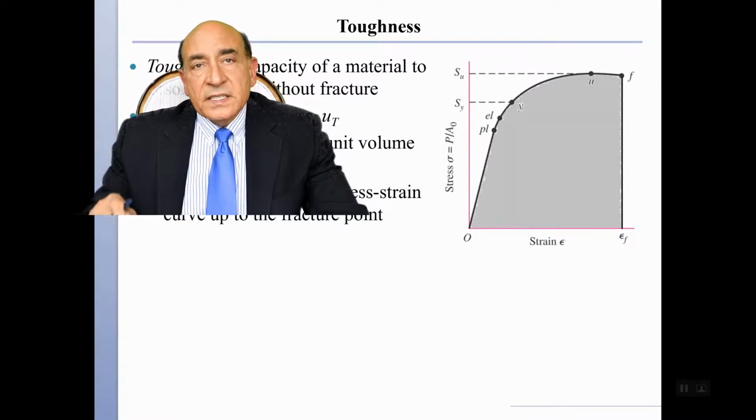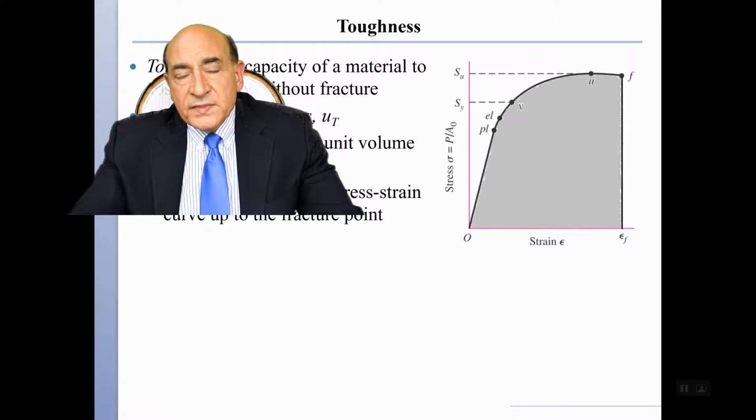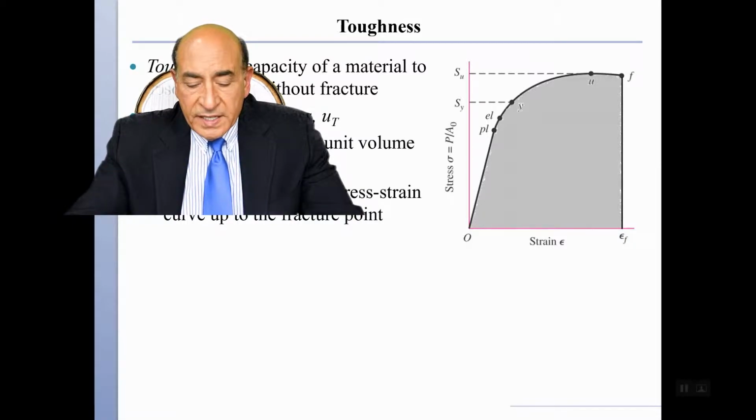So next, another index that describes the material's resistance to crash is toughness. And toughness, as I mentioned, we design it to go all the way to the plastic regime. So again, the energy per unit volume is the area under the curve.